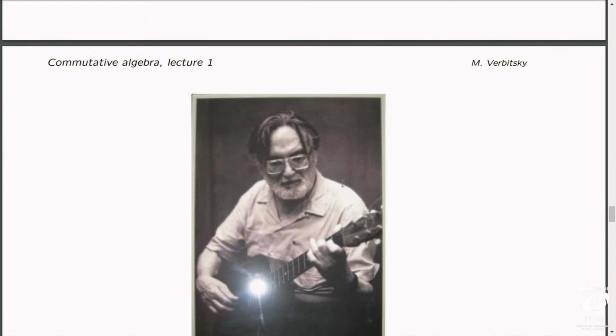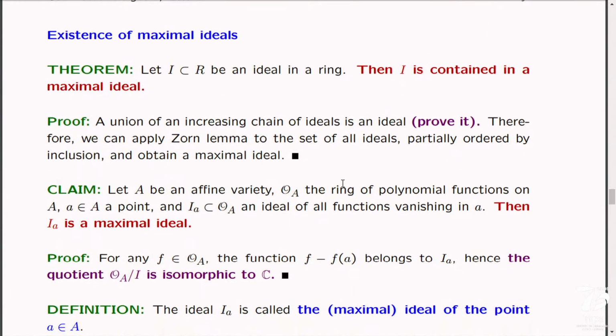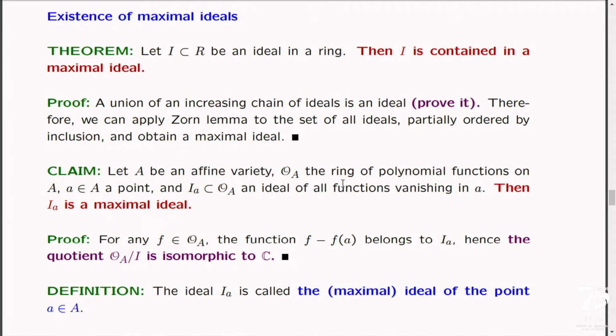Oops, sorry. This was a picture of Zorn, but before I show you this picture, I'm going to tell you about maximal ideals. And the proof is almost identical to the proof of existence of a basis.